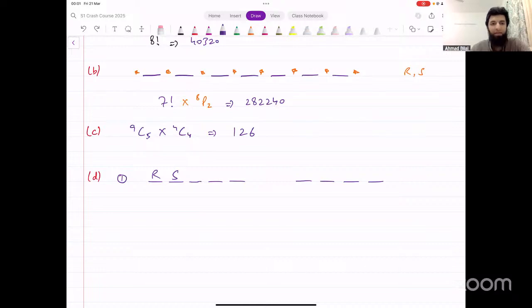Out of those remaining 7 people, we have to select 3 in this group and 4 in the other group. You can start from either of them, it doesn't matter. You can say 7C3 from here: select 3 out of 7 people for this group. Then we have 4 people left, 4C4, right? For the other group, you have 4 people left and you have to select all of them. That's one possible case. And that will give you some answer. 7C3, what's that?